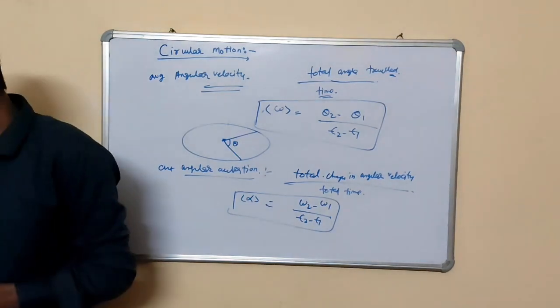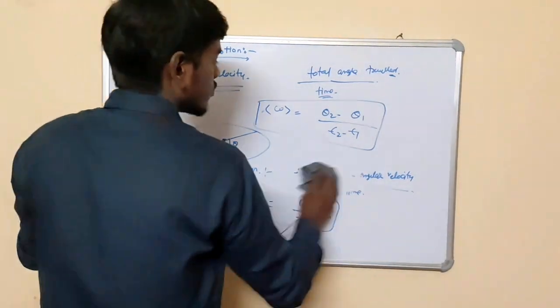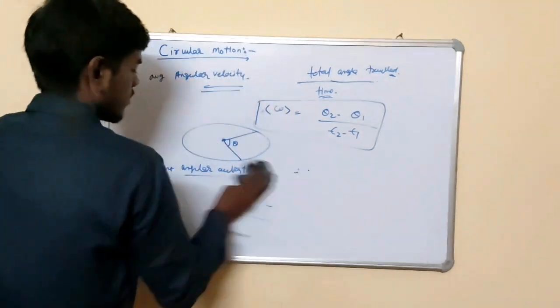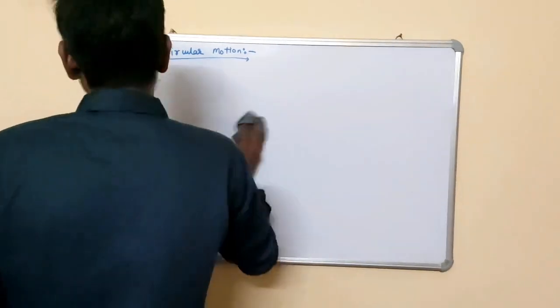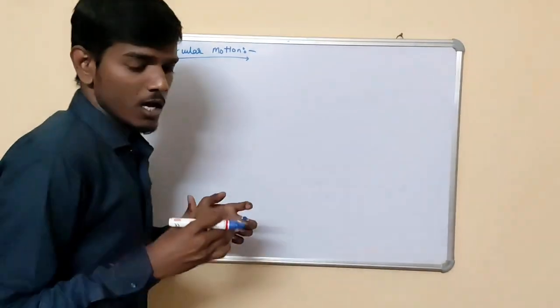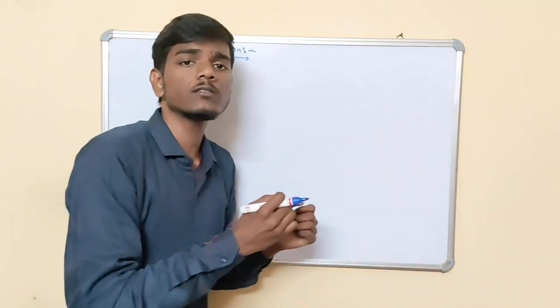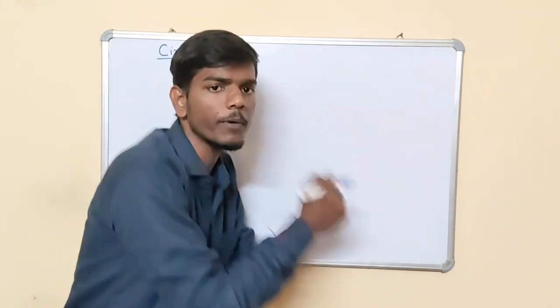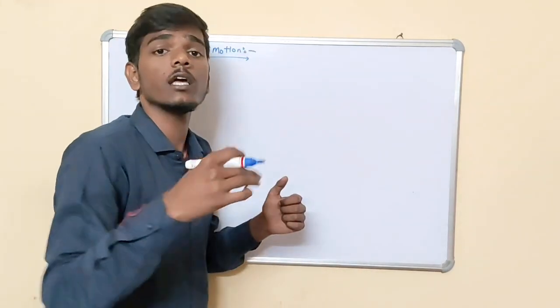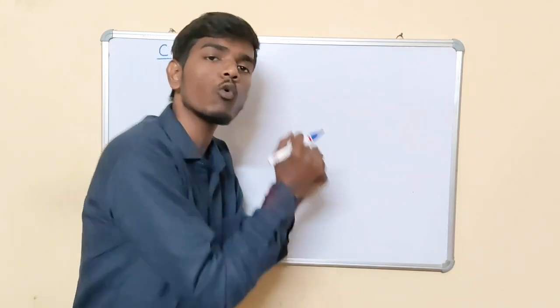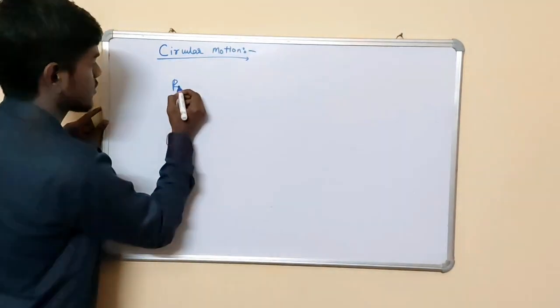So now let's move to the next point. I am going to discuss what retardation is. Suppose a particle is moving, and I put some external thing which is stopping the particle. In Hindi, retardation is rukna.